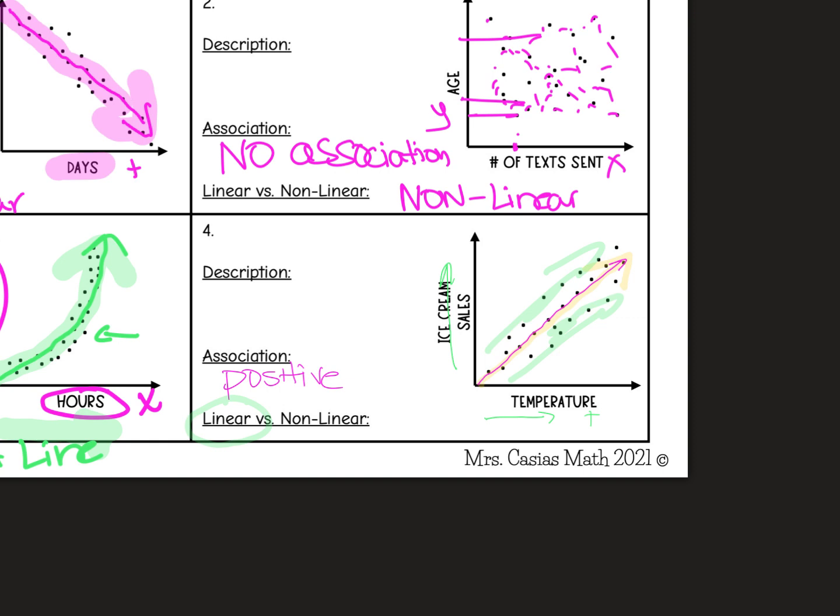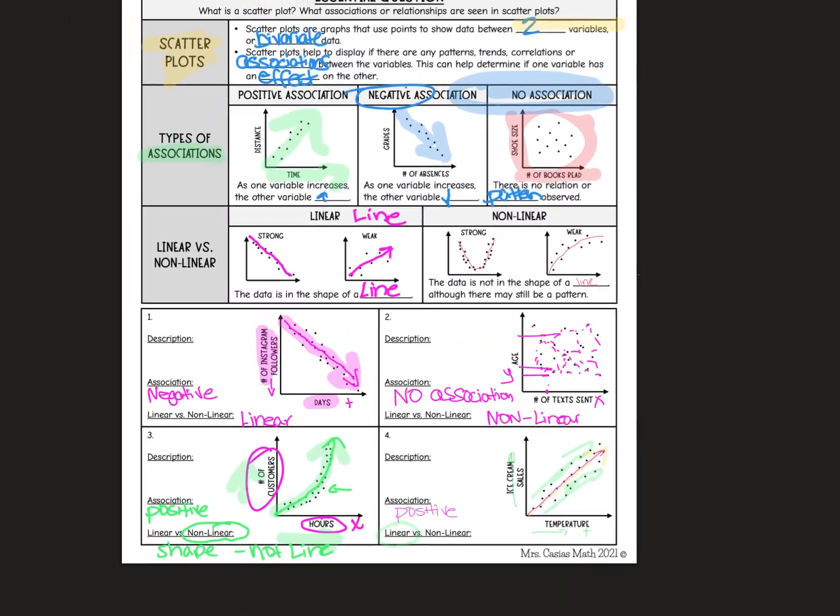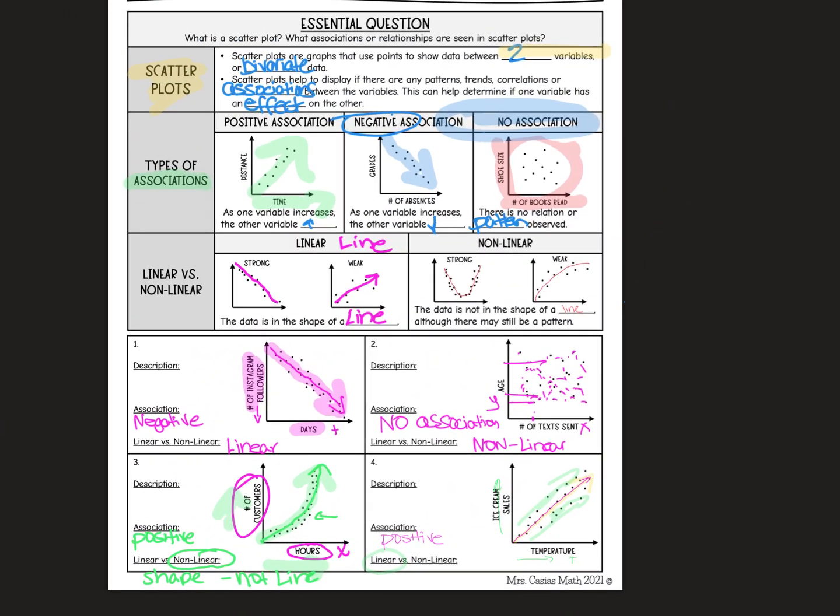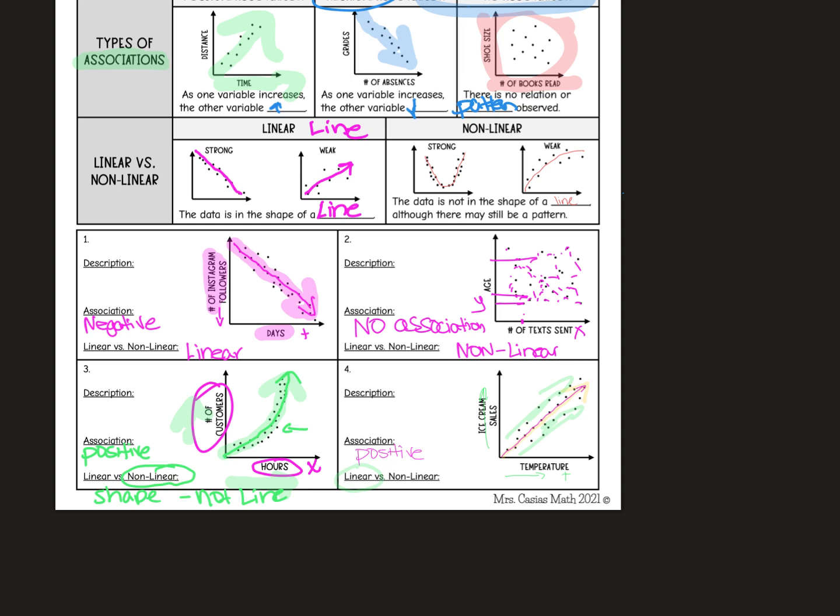Now, the one thing I do want to caution you on with scatter plots is that in these scenarios we have looked at scatter plots that were either trending up or trending down, and they were linear. Linear doesn't just mean going up or going down. We could have a scatter plot that is side to side.